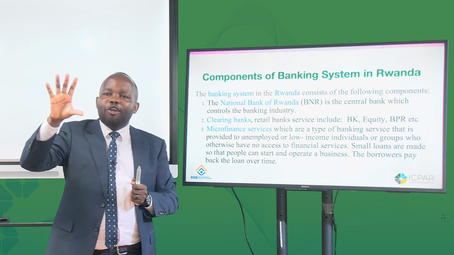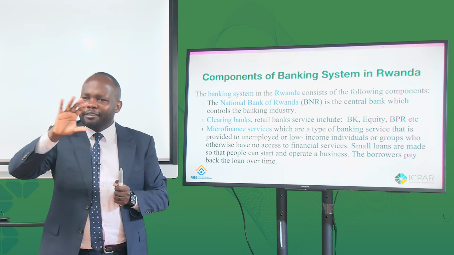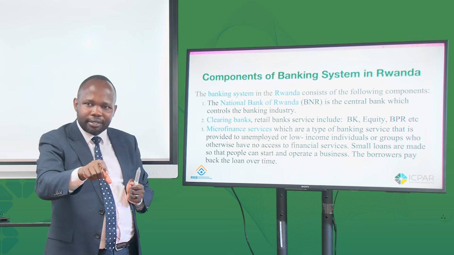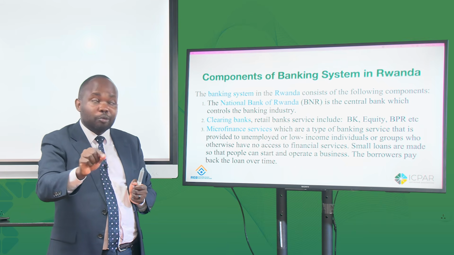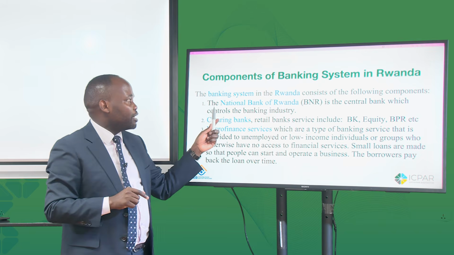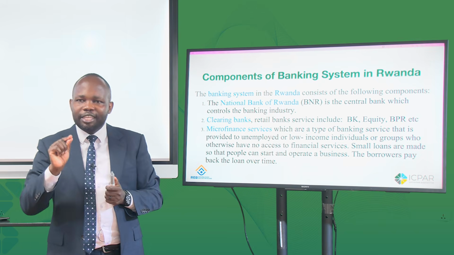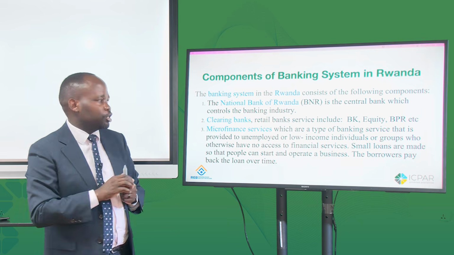It regulates all commercial and investment banks. A financial institution that deals with money must be regulated by the National Bank, which is the central bank that controls these banking industries.